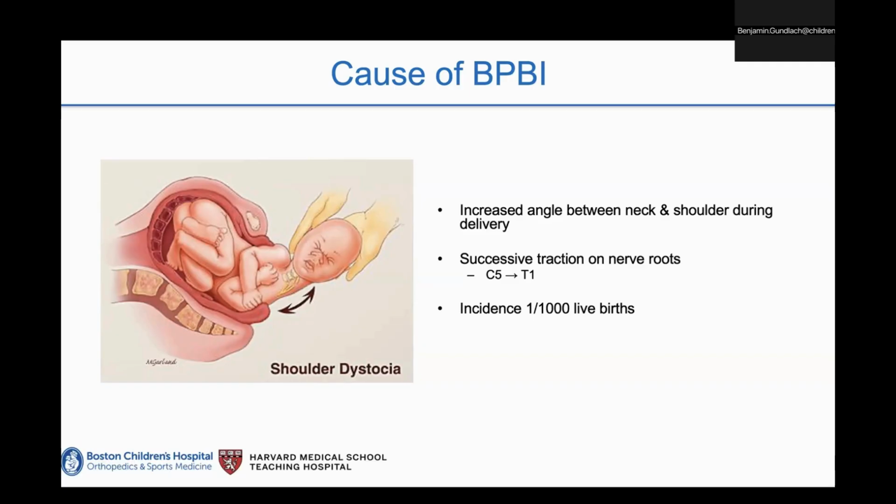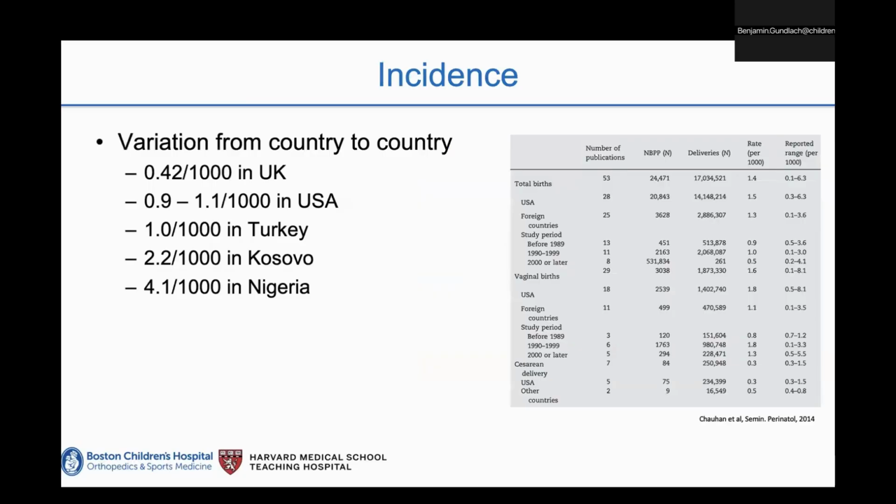Broadly, brachial plexus birth injury is said to have an incidence, at least in modern times, of 1 in 1,000 live births. However, it in fact has much more variability than that statistic contains. And so when we look either temporally or internationally in various countries, we see that there's still a lot of variability in the incidence of brachial plexus birth injury.